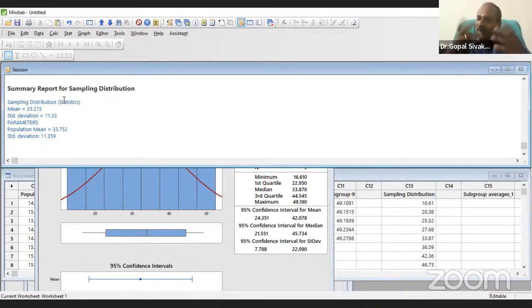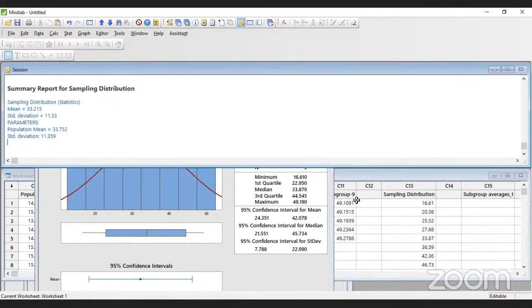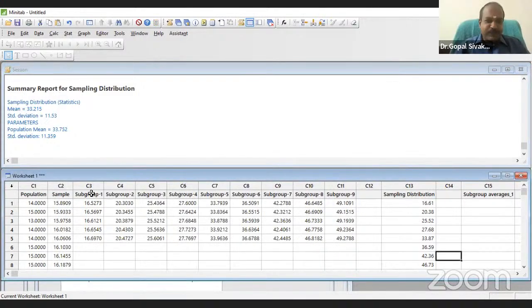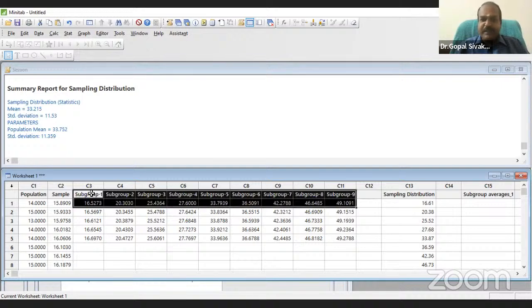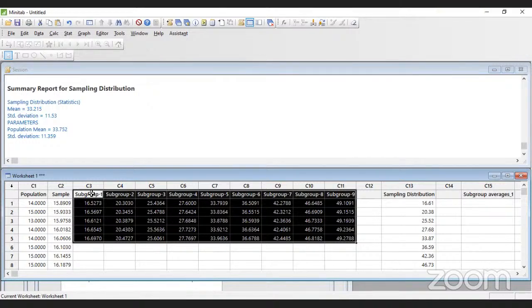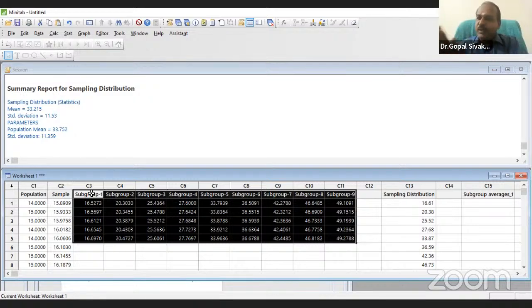So, you have not studied the population. You have studied the sampling distribution. This is your study, and this study gives a clear picture of the population. The way the population is behaving, the same way your subgroup average is also behaving.